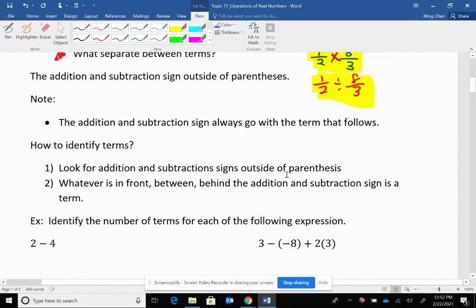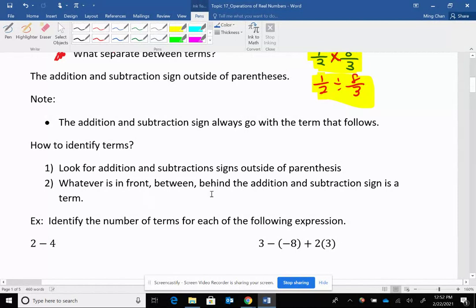This is a lot like what we did with the order of operations. We always use the addition and subtraction signs outside the parentheses and brackets to distinguish how many things we have. So the way we worked out the order of operations is actually using the concept of terms.